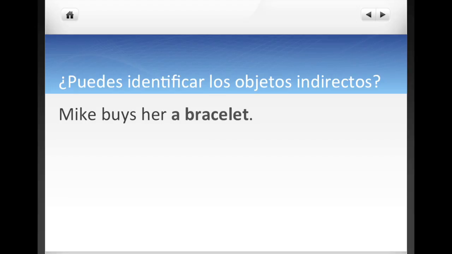For whom does Mike buy the bracelet? Her. That's going to be my indirect object. Remember, who or what Mike buys is the direct object. For whom or to whom is the indirect object.